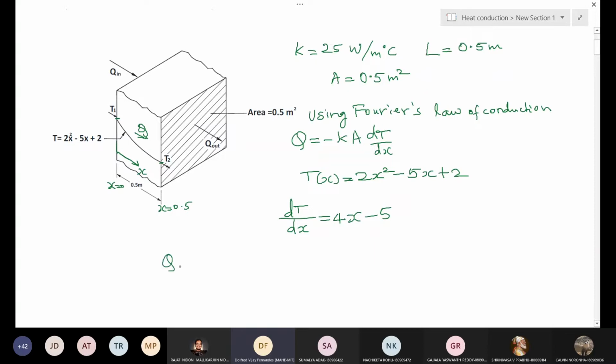So Q as a function of x can be written as minus K, which is given as 25, area is 0.5, into dT by dx, which is 4x minus 5. Simplify.